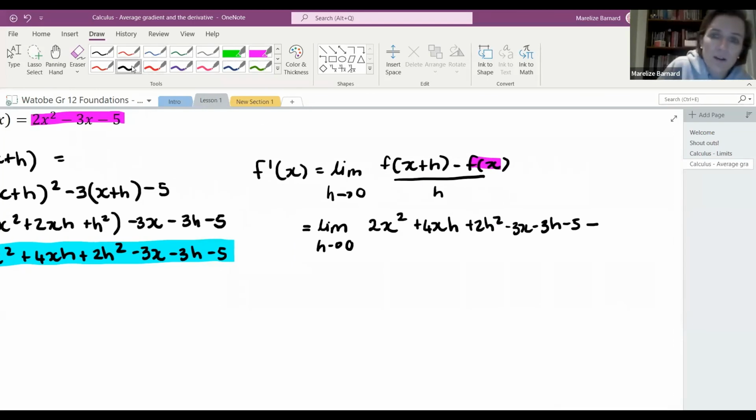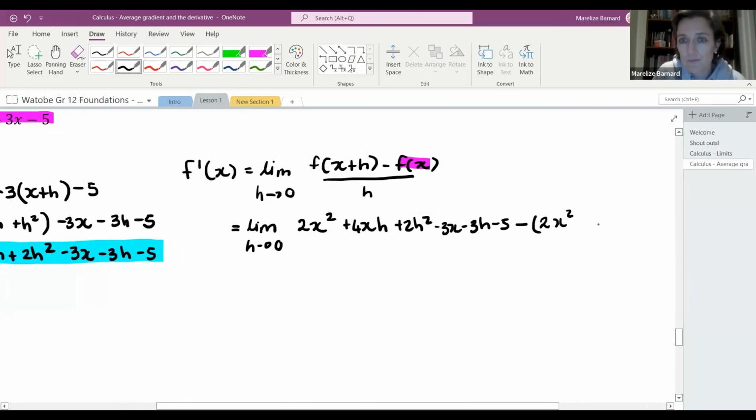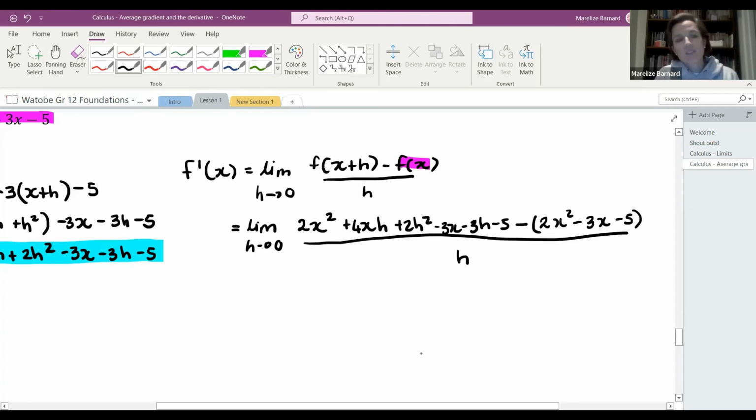Put a bracket around it. Minus 3x minus 5. And then all of that stuff must be over h. Okay, right, we're going to subtract all of this here.